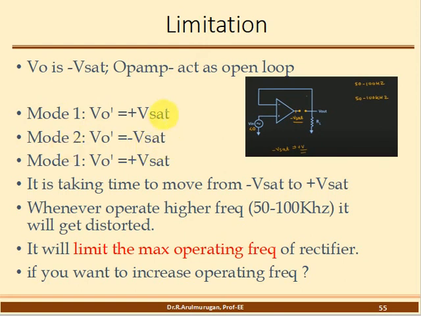Across V0 dash there is positive saturation, and across V0 2 dash negative saturation occurs. When moving from mode 2 to mode 1, going from negative saturation to positive saturation takes some time gap. That time gap is one small limitation, not a big one.